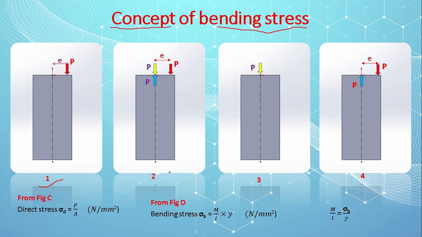In figure 2, I have added two forces, and these two forces are opposite in nature, so they will cancel out each other. Therefore figure 2 will be the same as figure 1.